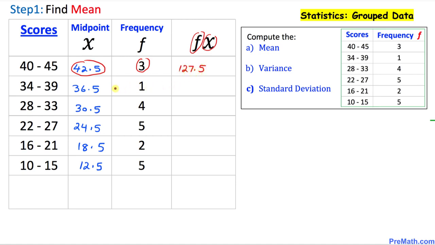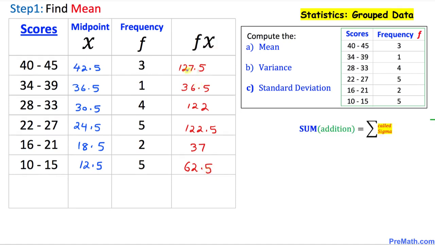And 1 times 36.5 is going to give us 36.5. And the next one is going to give us 122.5. This is going to be 37, and here it is going to be 62.5. And now we are going to add up all these values in this fourth column.